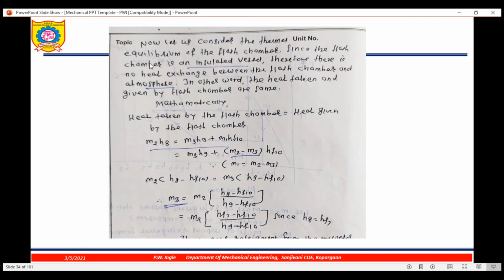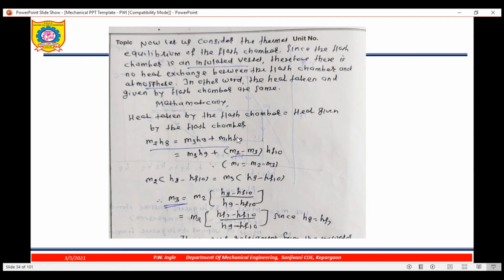Now let us consider thermal equilibrium at the flash chamber. Since the flash chamber is an insulated vessel, there is no heat exchange between the flash chamber and atmosphere. Okay, it is an insulated vessel, so it will not give out its heat to atmosphere. So at the flash chamber you can write M2 into H8 equal to M3 into H9 plus M1 into Hf10.